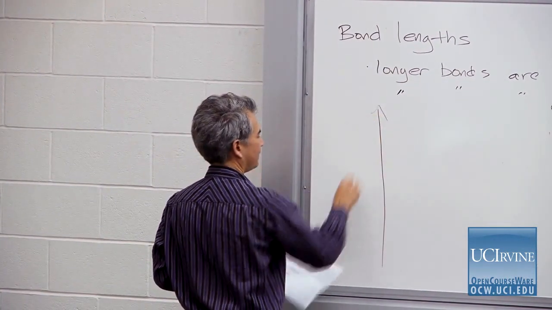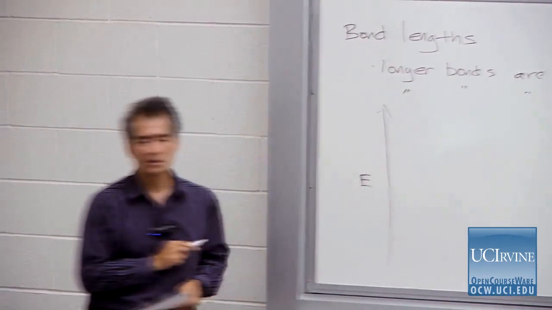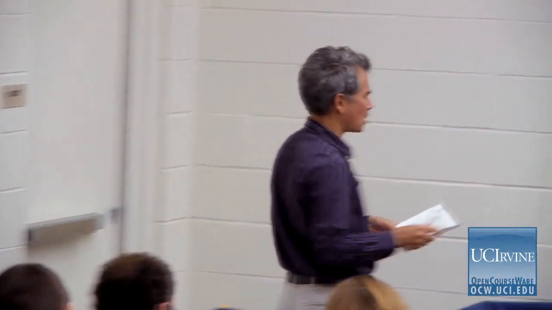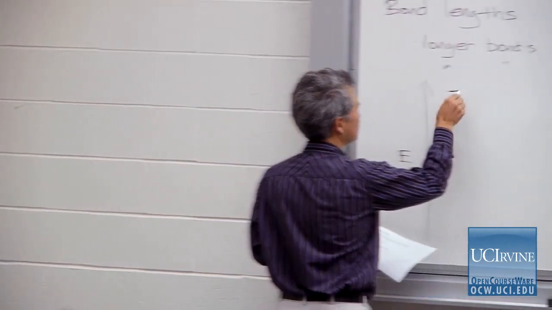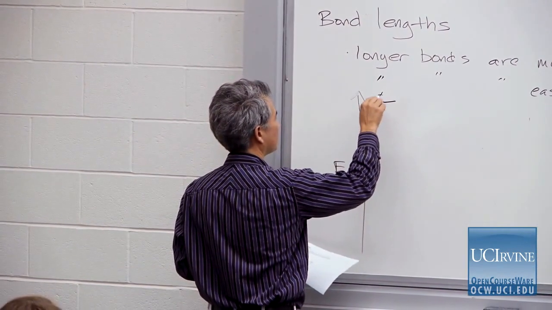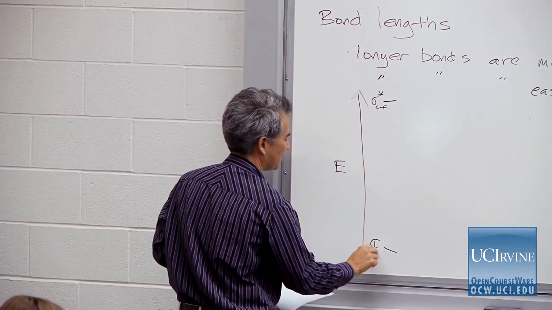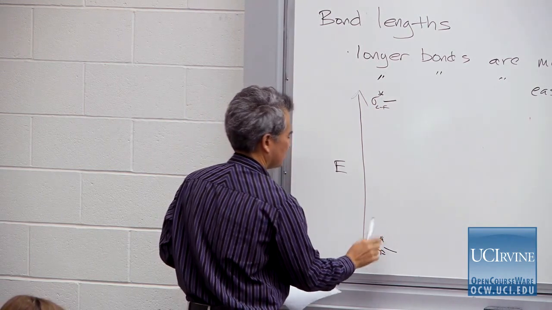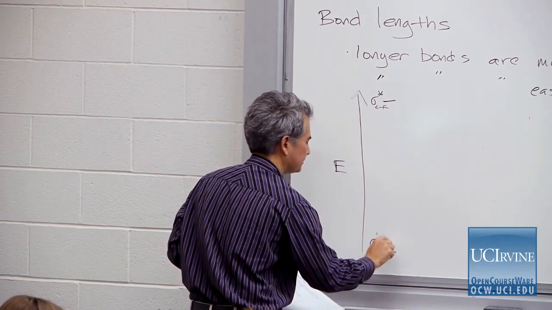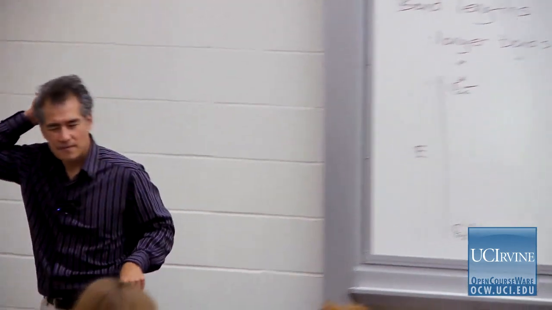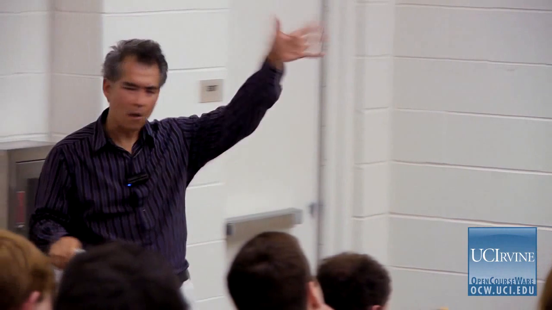In this case, I'll look at the effect of making a bond longer. So I want to sketch out the frontier orbitals that I might associate with a carbon-fluorine bond. And I'll draw a sigma star orbital for that carbon-fluorine bond, really high in energy. And I'll draw the sigma bond really low in energy. Sigma orbital, that's filled. I mean, sigma star is always really high.